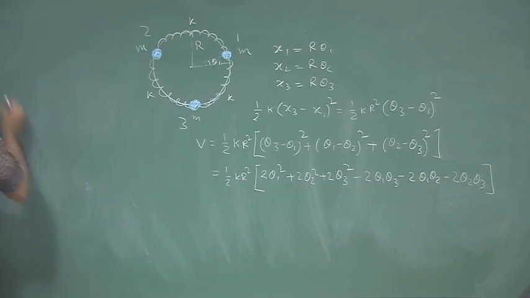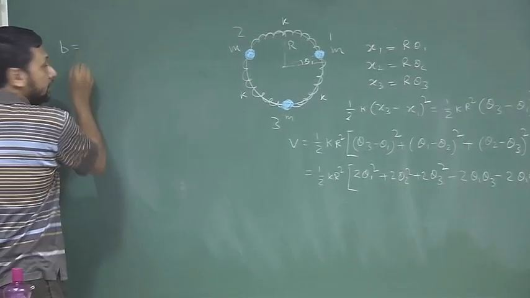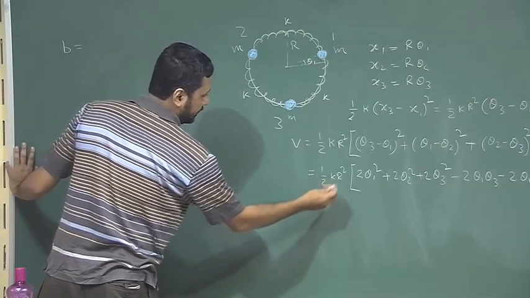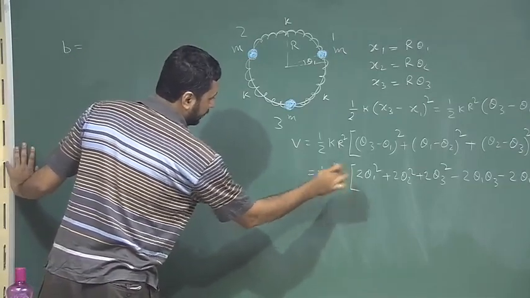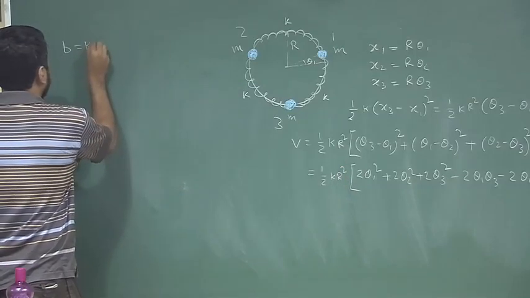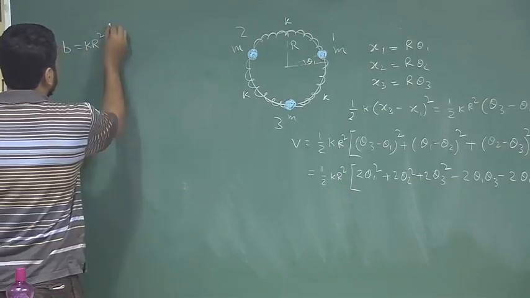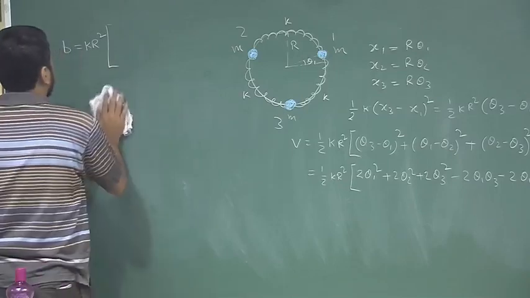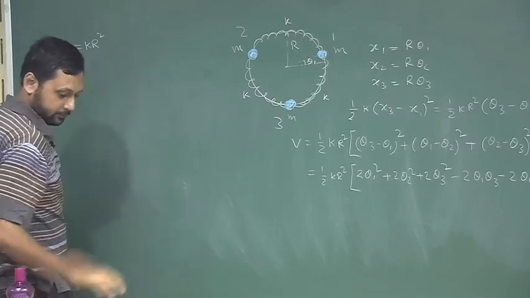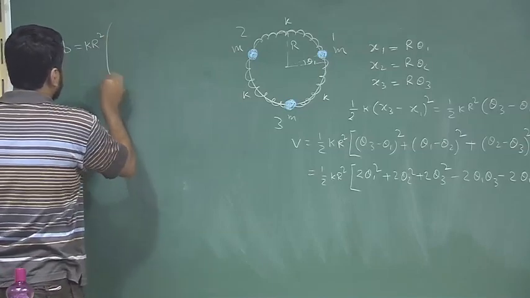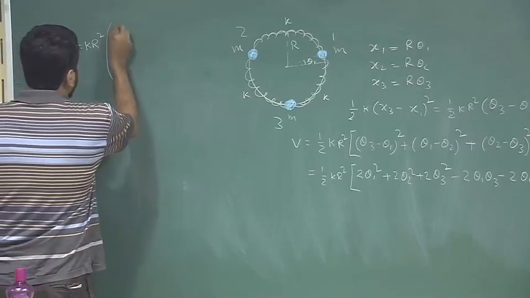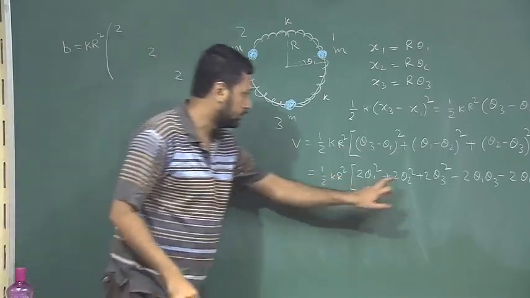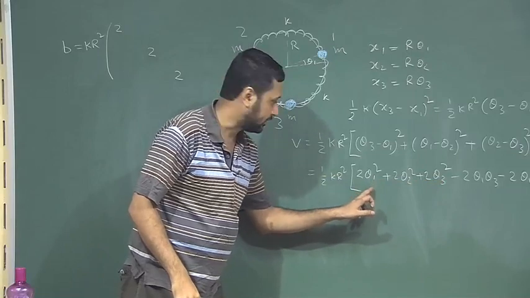Now, it is time to convert it to the matrix. So, B will be given by, see there is a factor of k r squared which will be there, and in the matrix form we have 2 along the diagonal, because all the diagonal elements have a weight of 2.